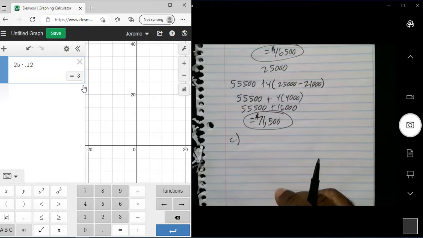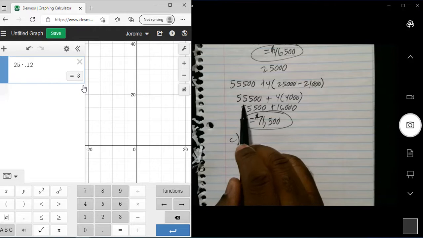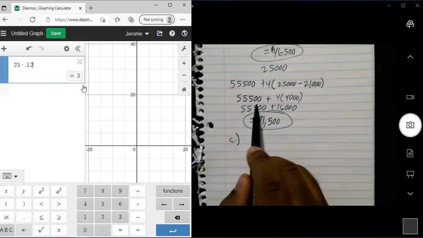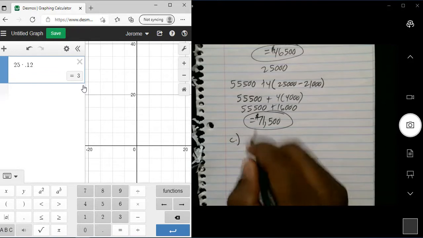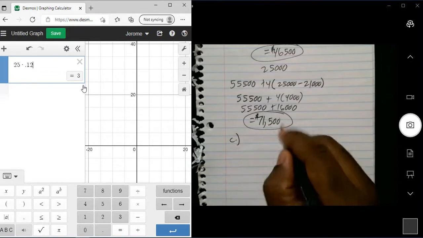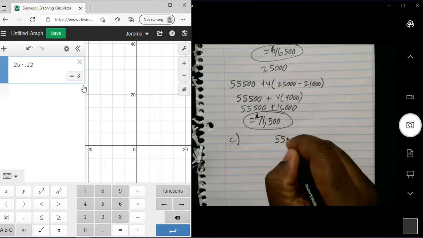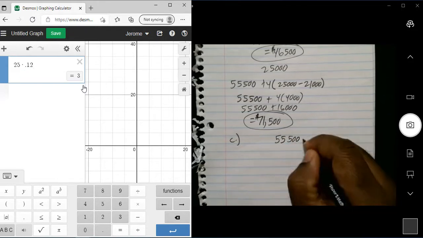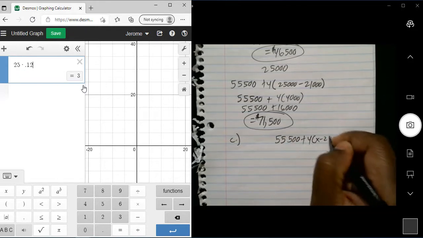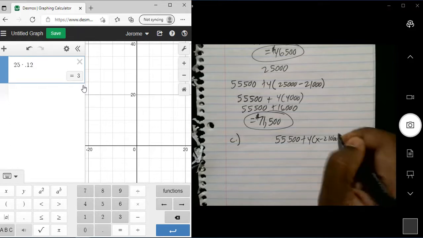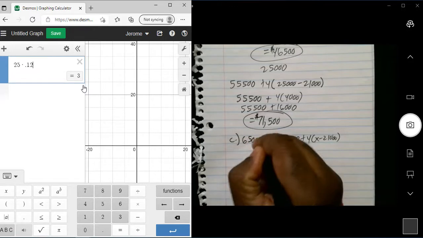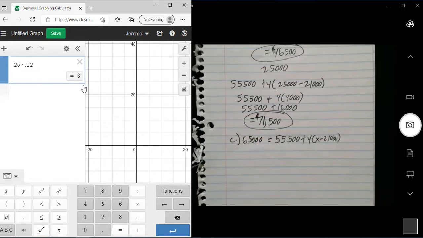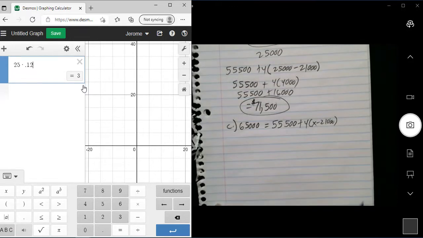So, since you want to do 65,000, and we know that the first two formulas only equal up to 55,500, that means that you would have to use the last formula, which was the $55,500 plus 4 times x minus 21,000. Now you're going to set this equal to the $65,000 you need for your college tuition.